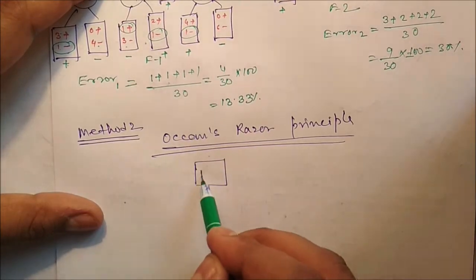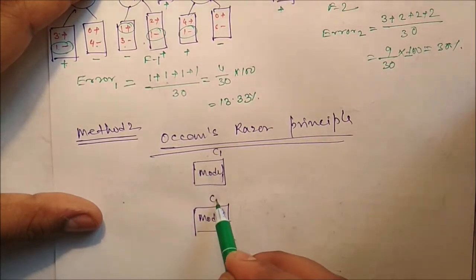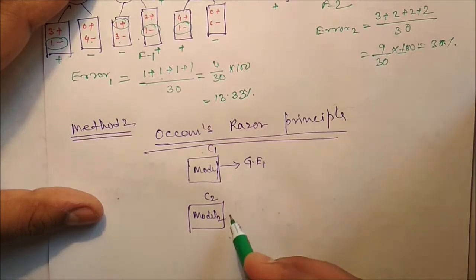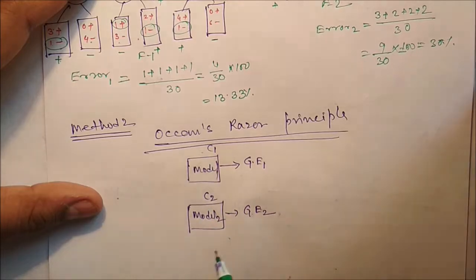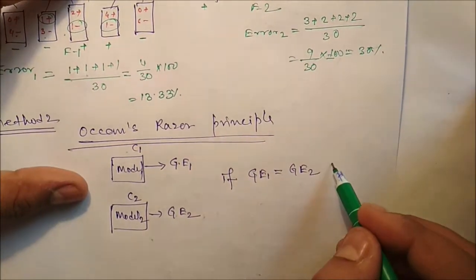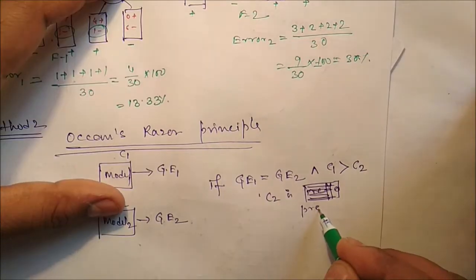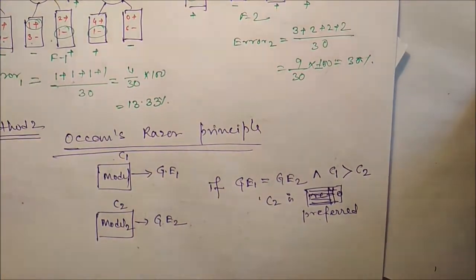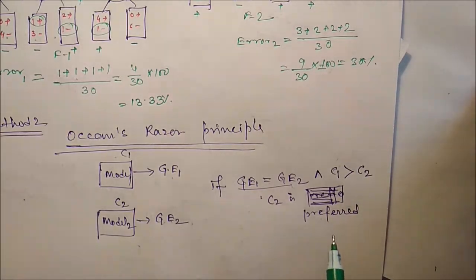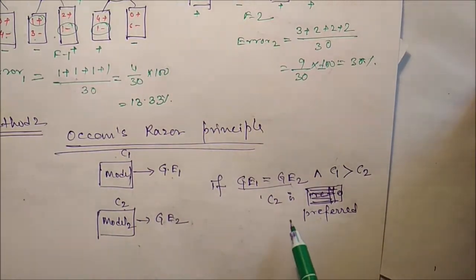Say model 1 has complexity C1 and model 2 has complexity C2. If generalization error GE1 is equal to GE2 and complexity C1 is greater than complexity C2, then C2 is preferred. So here we have to prefer C2.